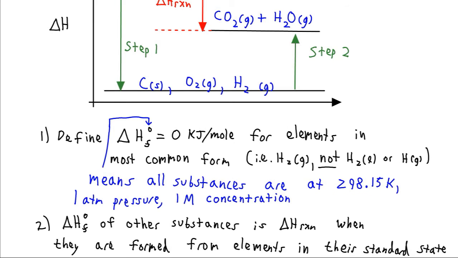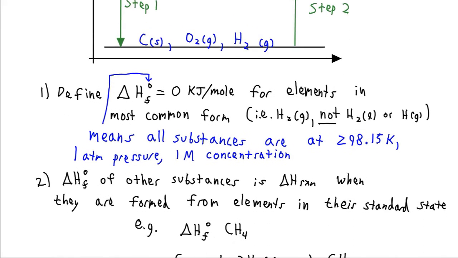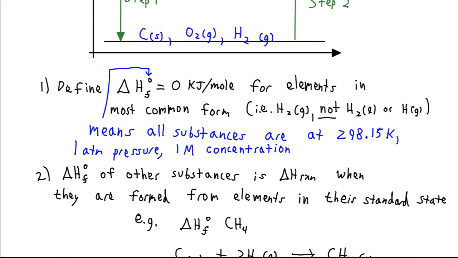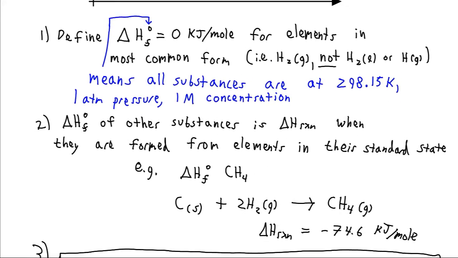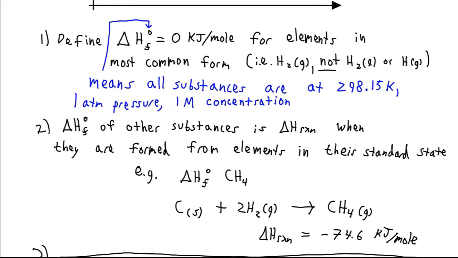Now, if we don't have elements, then the enthalpies of formation of our other substances are going to be the enthalpies of reaction when they are formed from the elements. So, for example, the enthalpy of formation for methane. Methane has carbon and hydrogen in it. So we would perform this reaction where we combine carbon and hydrogen to produce methane and measure the change in enthalpy. Remember over here, this is all defined to be 0.